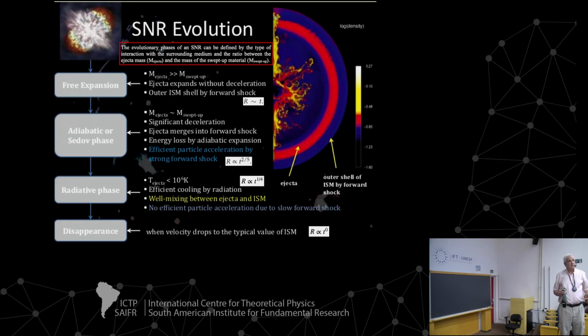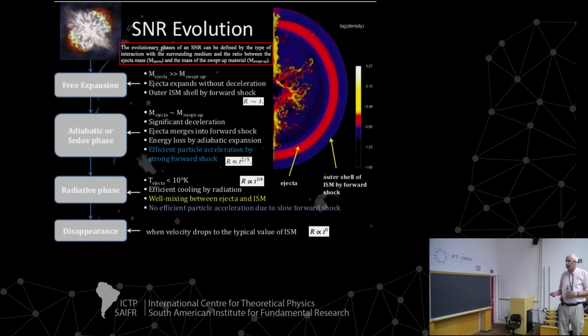So if in this phase the entropy increases, this means that in the post-shock region everything is more homogeneous, because high entropy means high homogeneity, and this destroys these dispersion centers that are necessary for the scattering of the charged particles. So the mechanism stops being efficient. So we do not expect significant particle acceleration in this phase.